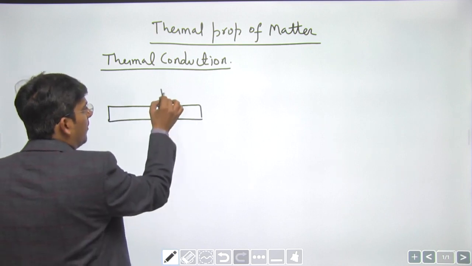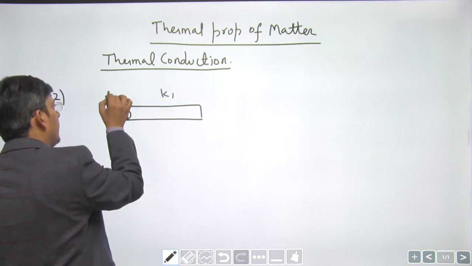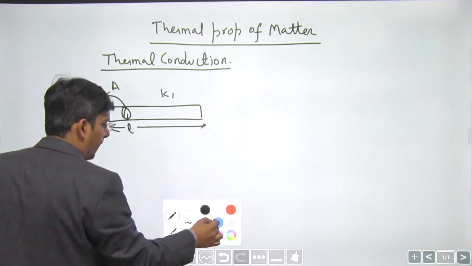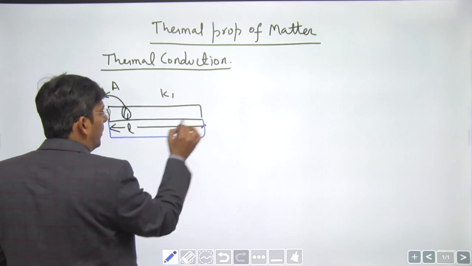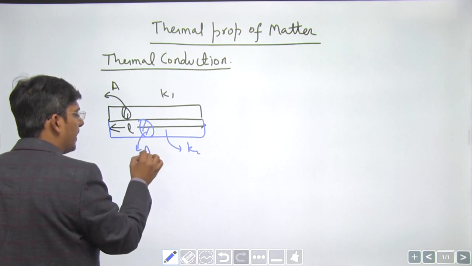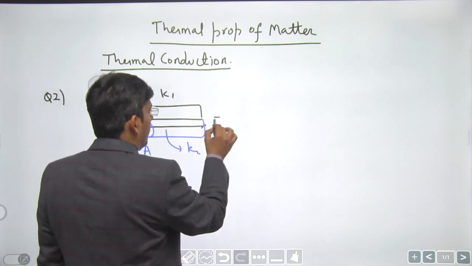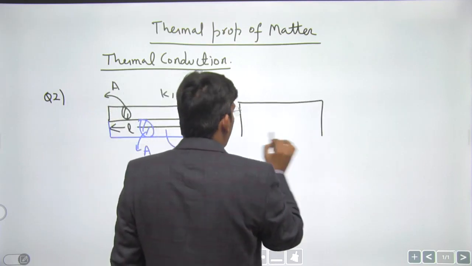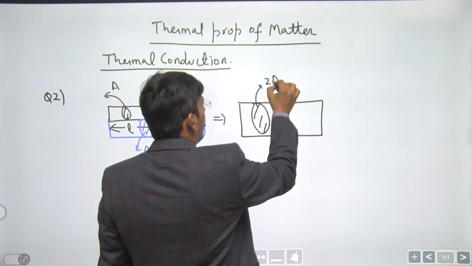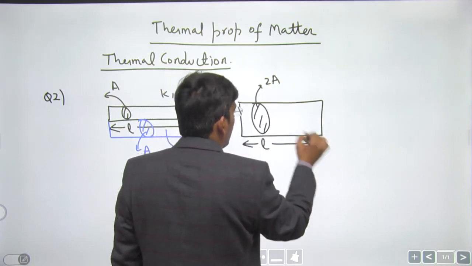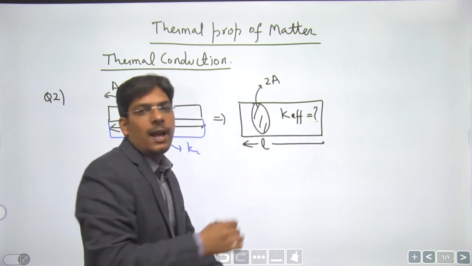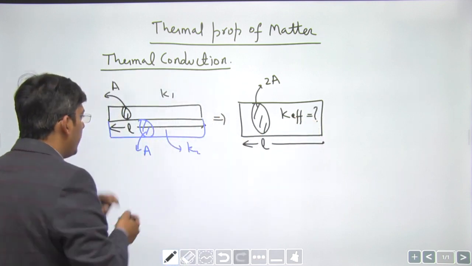You have a slab K1, area A, length L. You place another slab having conductivity K2, area same, length same, and you want to replace these slabs by another slab having area equal to 2 times A, and length obviously L. You want to know the effective value of thermal conductivity of that slab, which is capable of replacing both the slabs together. See, they are in parallel.